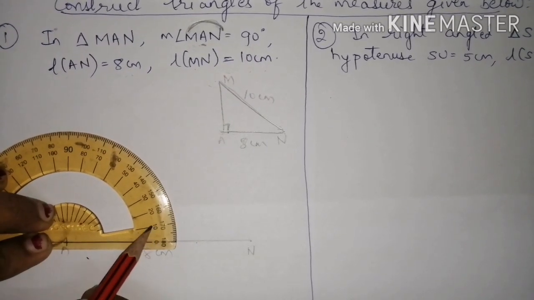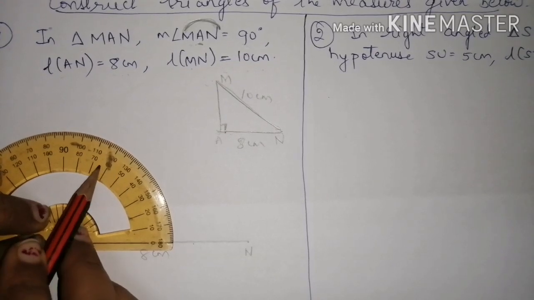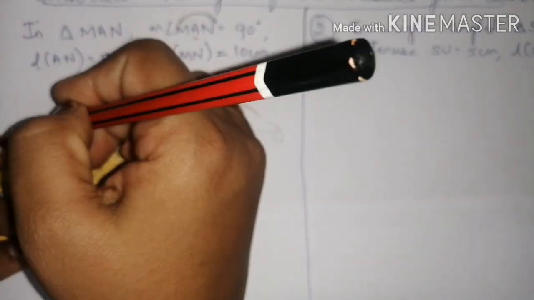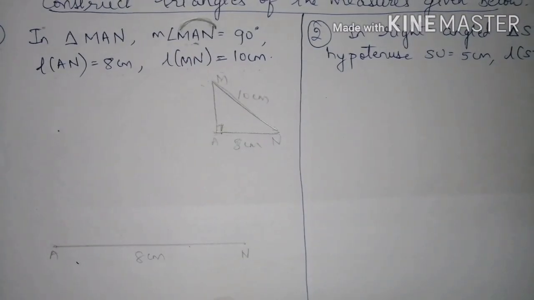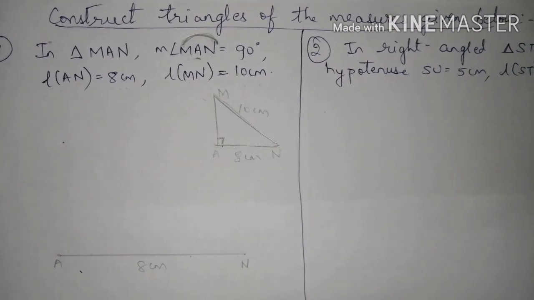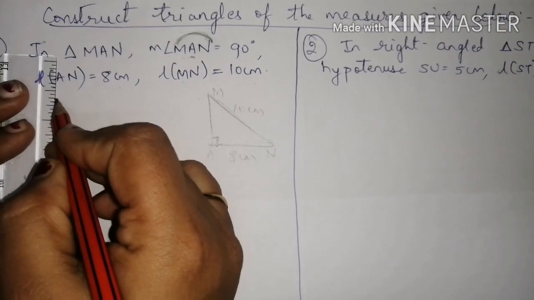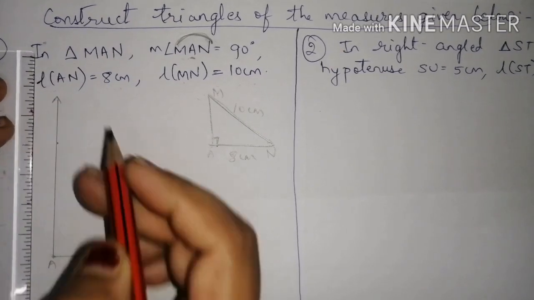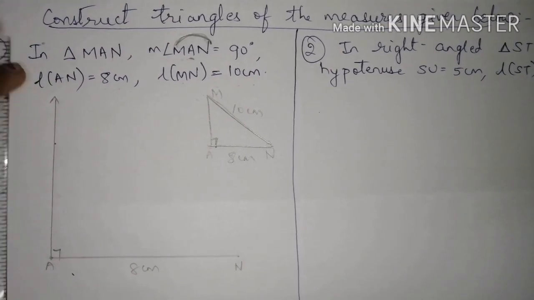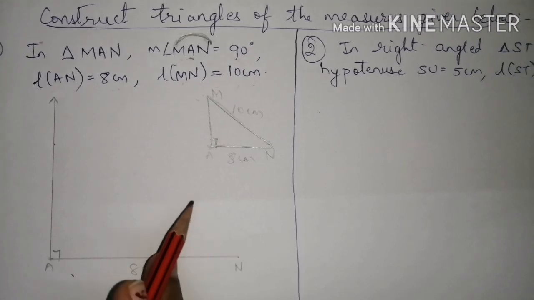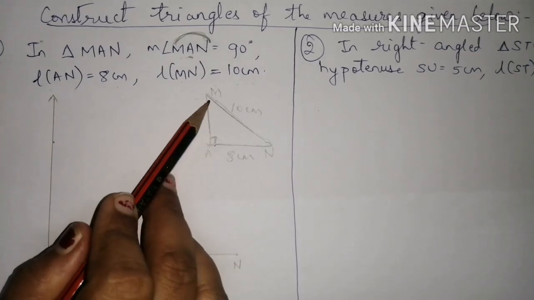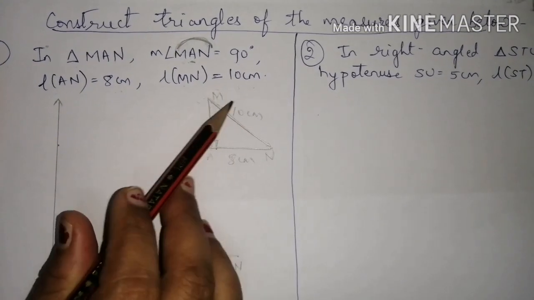Now look from inside: 0, 10, 20, 30, 40, 50, 60, 70, 80, 90. Here it is on top, 90. Mark it. Make a ray. Then see here, this MN is 10 centimeter.